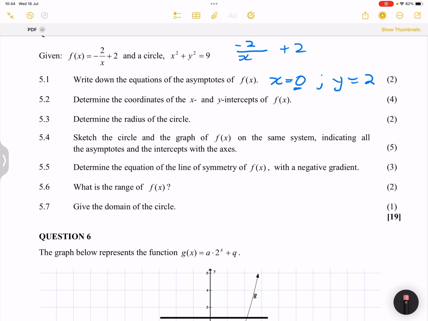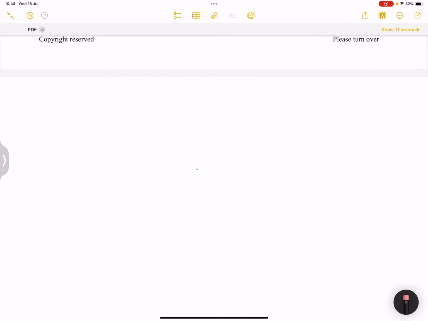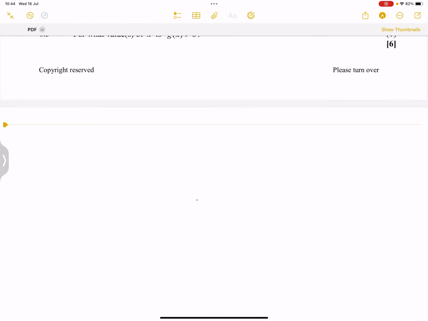They say determine the coordinates of the x and y intercepts of f of x. Right, so we're going to do this as we normally do.